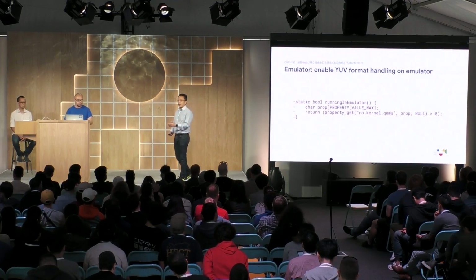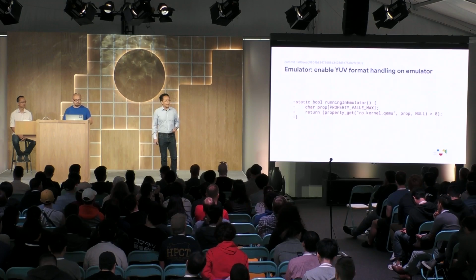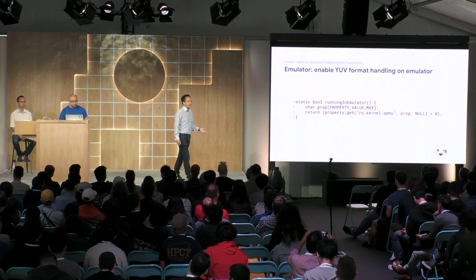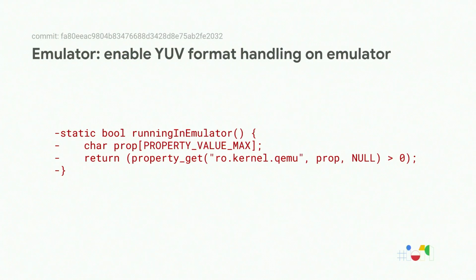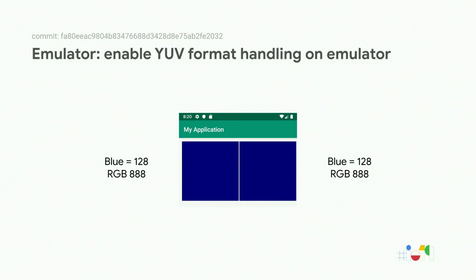And why is that? When we went through the code base, these kinds of things were in it. We basically run one set of code if it is a physical device, and we run a completely different set of code if it is running in the emulator. So the team worked diligently and went through all the code within Android to take these kinds of code out. So the result is when you specify blue 128, you can be sure that it is giving you blue 128.